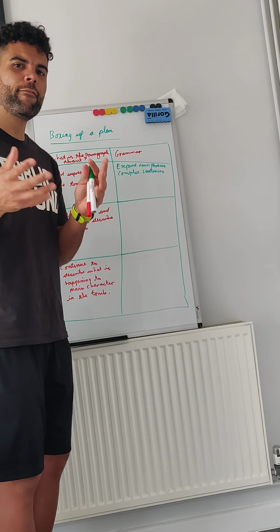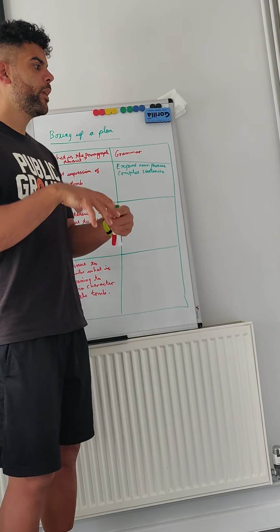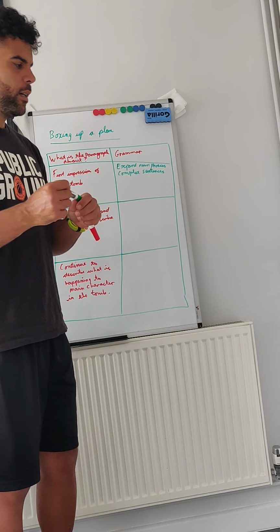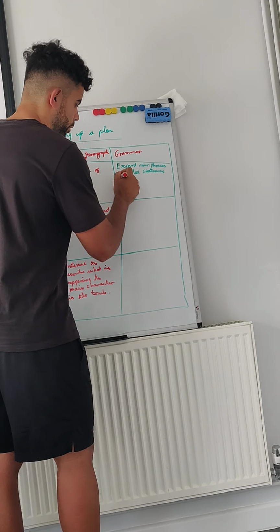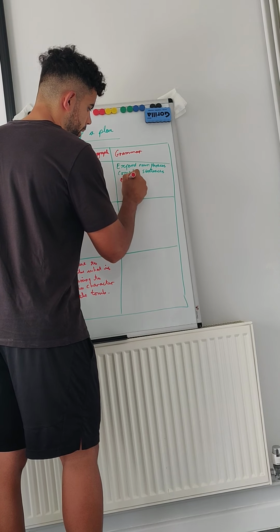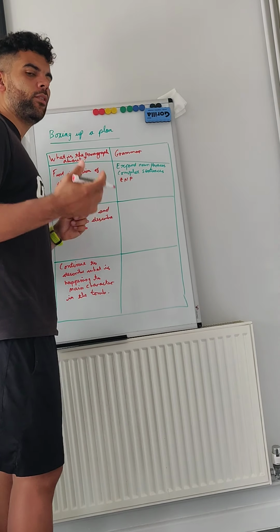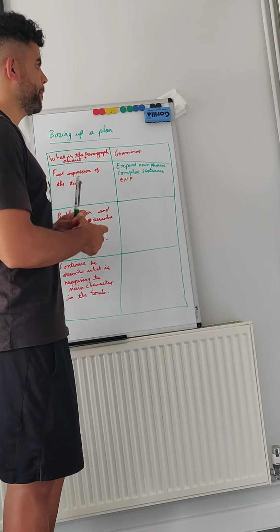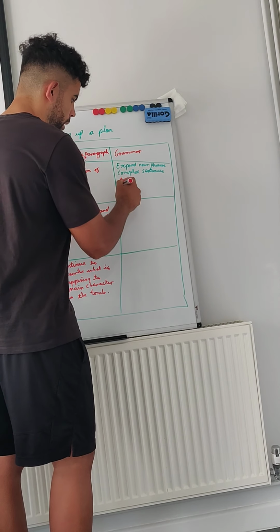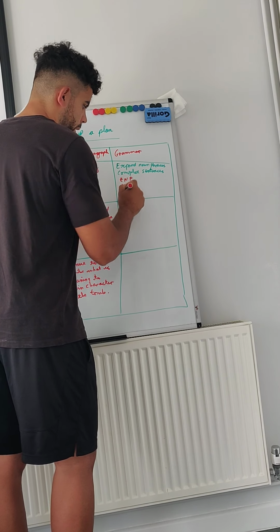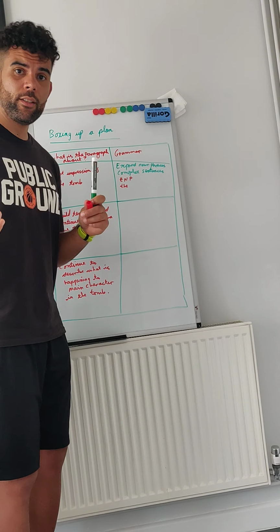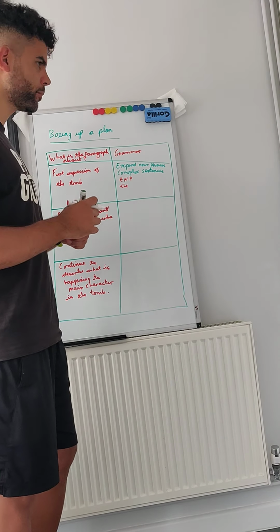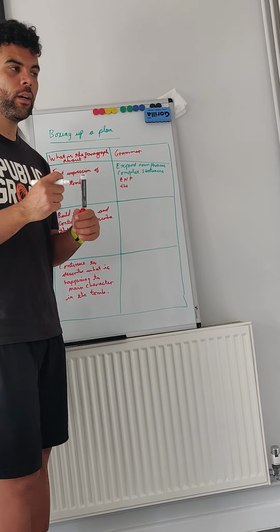Now, expanded noun phrases. Remember, I'm just going to have an example here of an expanded noun phrase. Remember, they usually start with a determiner. So let's say the. Then we usually have adjectives. Okay? So let's say we're talking about a door.